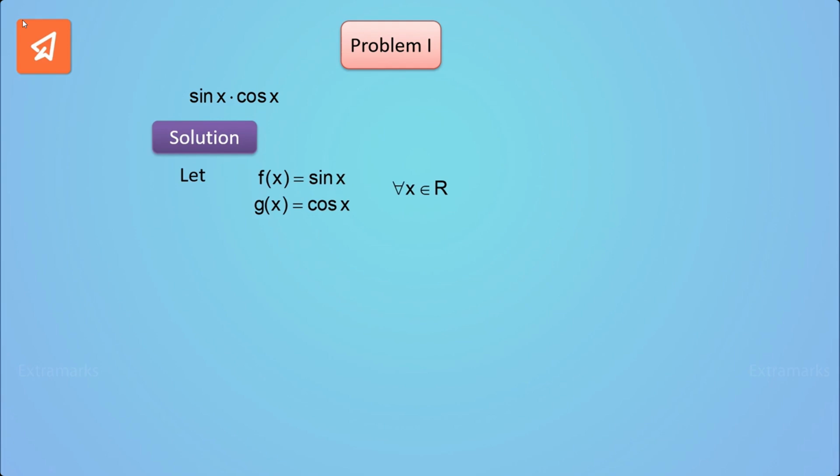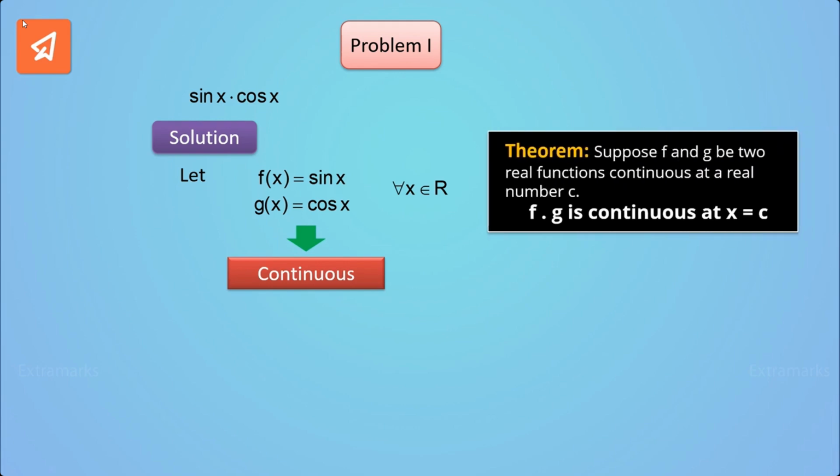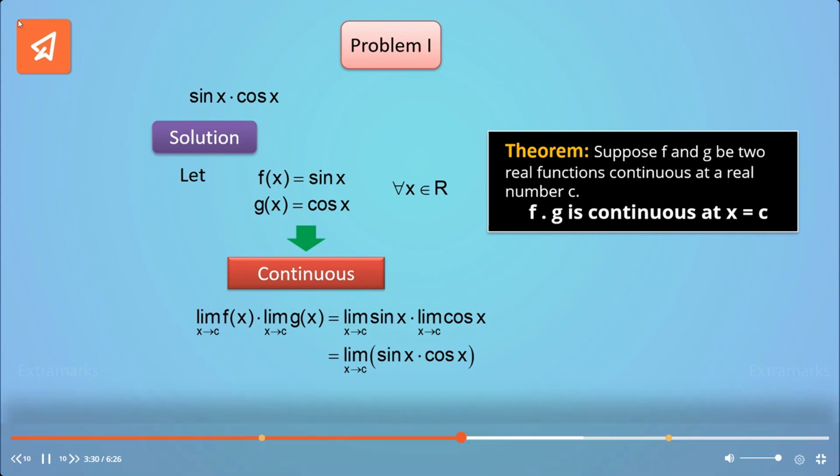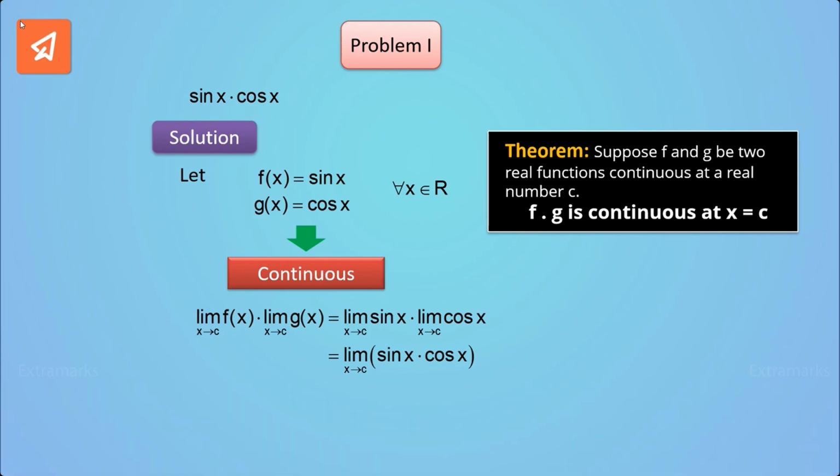Since sine and cosine are continuous functions, using the theorem that f times g is continuous at x equal to c if f and g are continuous functions, we can say that limit x tends to c f of x times limit x tends to c g of x is equal to limit x tends to c sin x times limit x tends to c cosine x, which further equals limit x tends to c sin x times cosine x.